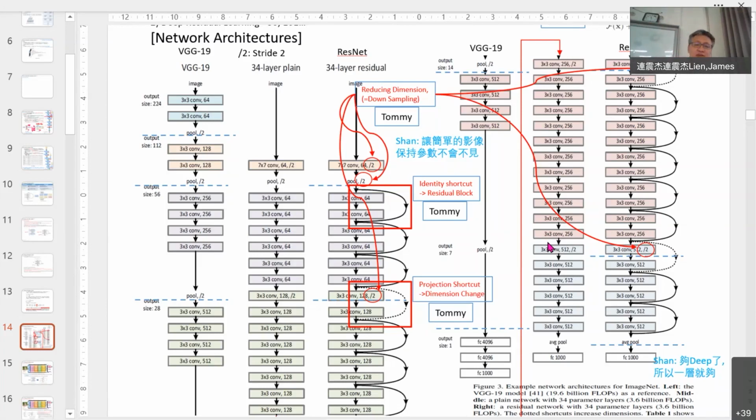So that's why we need a shortcut. Why we need a shortcut or identity is because we want to keep this information for the next one. Keep. So if the input texture is complicated, it will pass through more convolution filters.